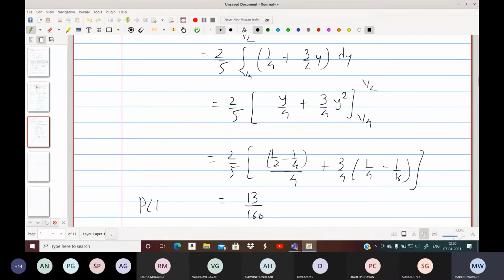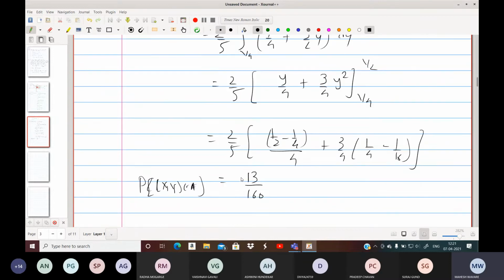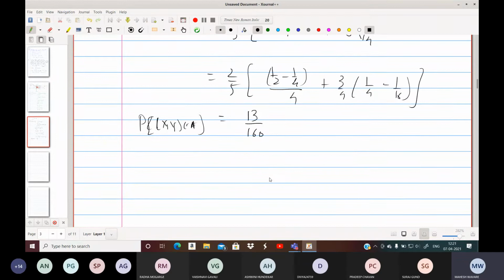This is the probability for all those xy in the region A, all those points in the region A, and A is just a small rectangle. These calculations you can check. Okay.